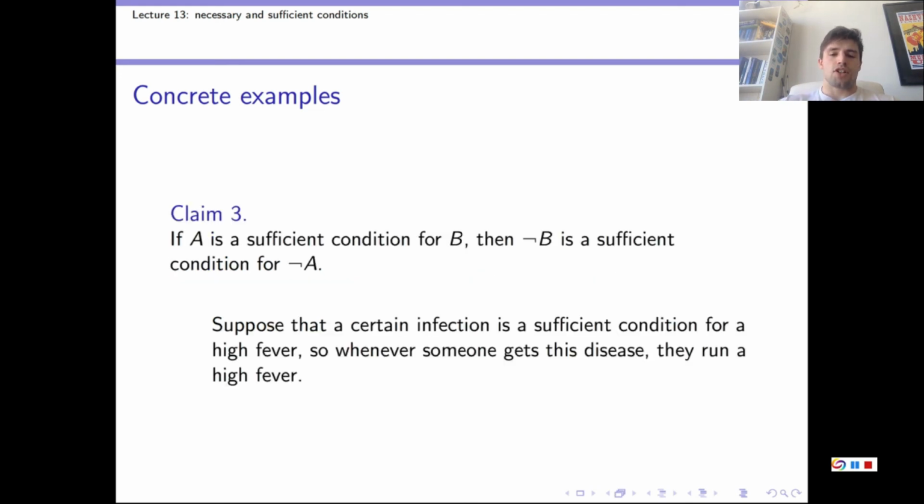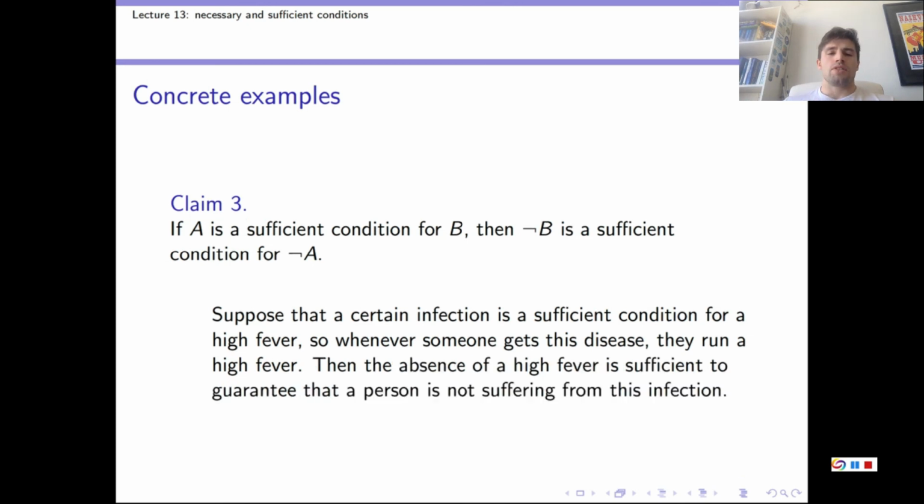Suppose that a certain infection is a sufficient condition for a high fever, so that whenever someone gets this certain disease, they run a high fever. Then the absence of a high fever is sufficient to guarantee that a person is not suffering from this infection. So there's nothing complicated going on here, we just need to be able to translate what we've seen theoretically in the claims into concrete everyday examples.